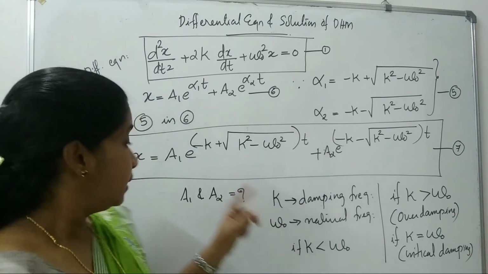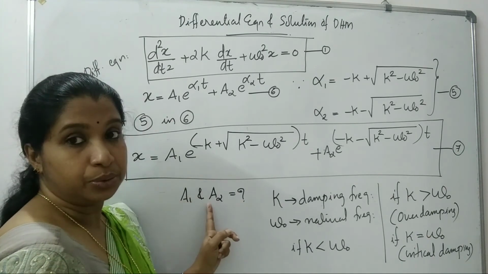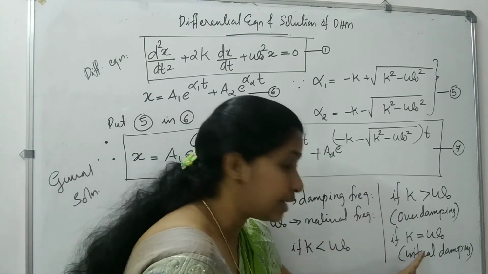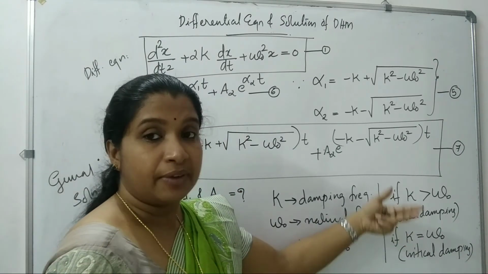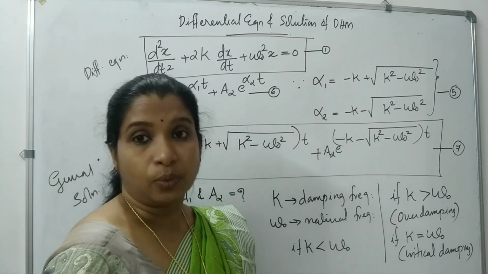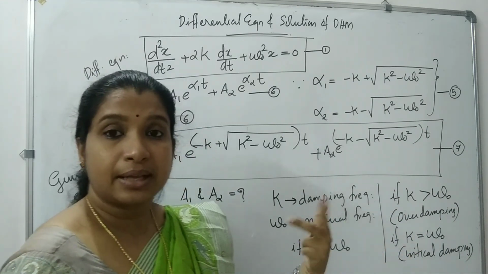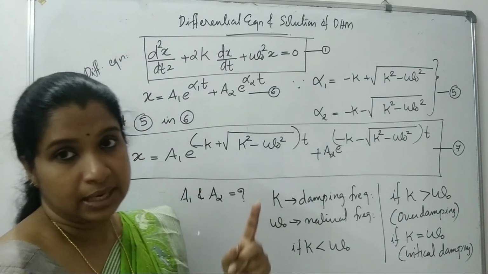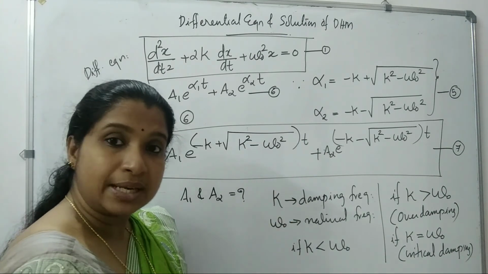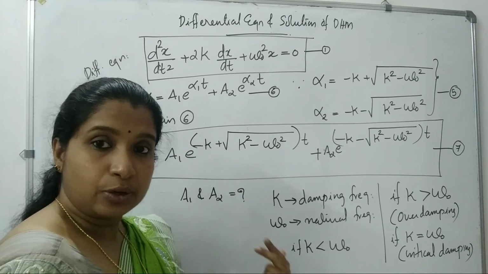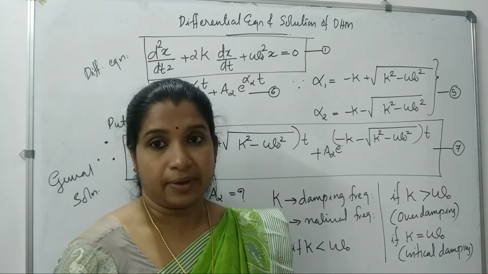So we have to deduce the value of A1 and A2 for these three conditions separately. Because in these three cases, when k is greater than omega 0, body oscillates in one manner. If k equal to omega 0, it oscillates in another way. K less than omega 0, it oscillates in another way.